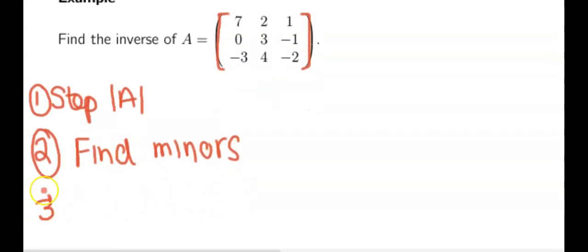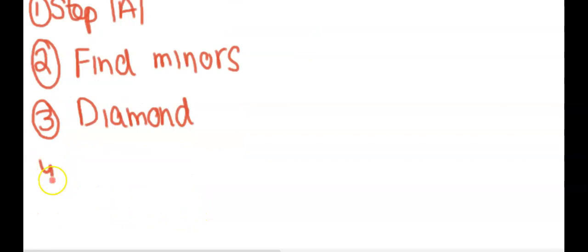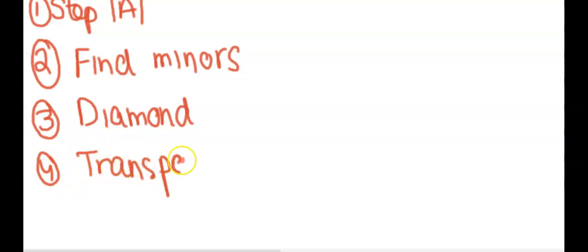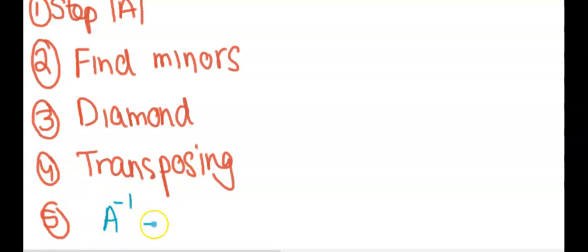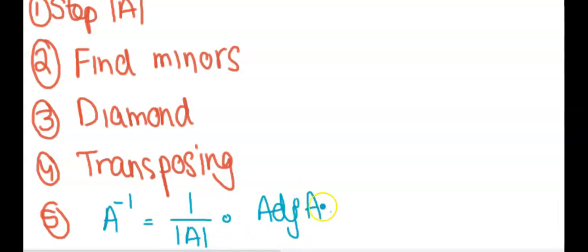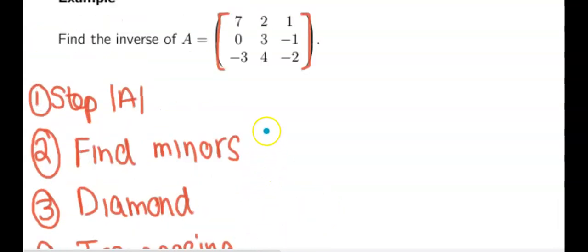Step 3 is diamond, which is changing the sign. Step 4 is transposing after the diamond. Then step 5 is putting in this formula: A inverse equals 1 over the determinant of A times the adjoint of A, and that will give you the answer.